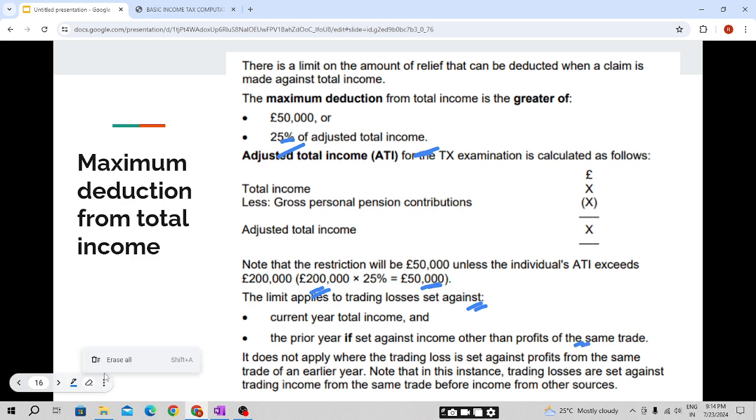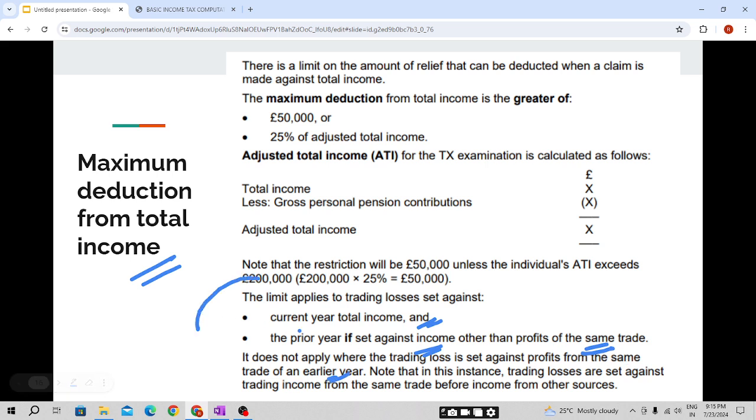So students, as already mentioned by me, this restriction applies to current year total income, and if we are setting it off against the previous tax year, it will again apply to other incomes but not the same trade. It will not apply to the trading profit. This restriction only applies to the other incomes other than trading income. It does not apply where the trading loss is set against profit from the same trade of an earlier year.